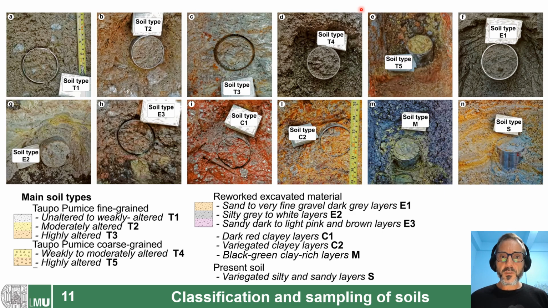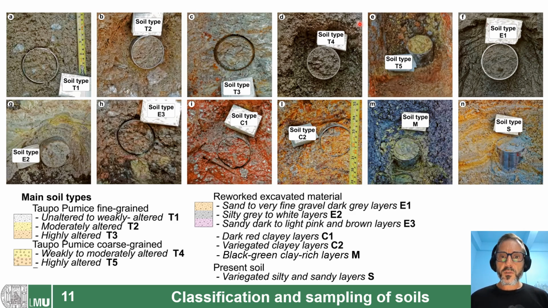Then we have reworked materials characterized by E1, E2, E3, which is mostly made of excavated material, mostly loose with sandy or silt components, and can have different proportions of pumice. We saw also that in some cases this deposit can be completely altered and cemented by sulfur minerals.